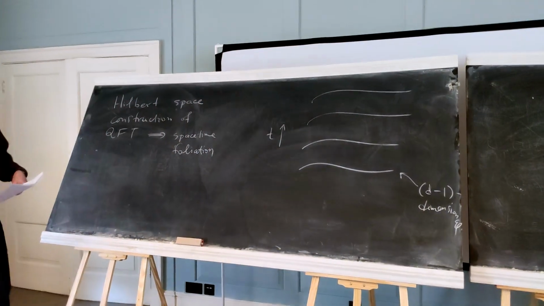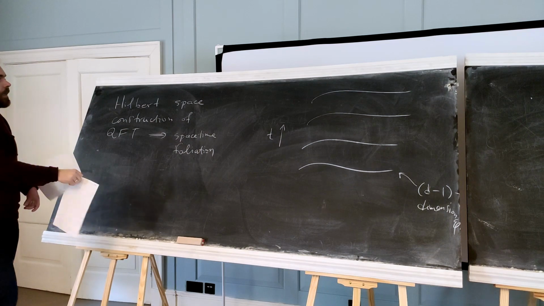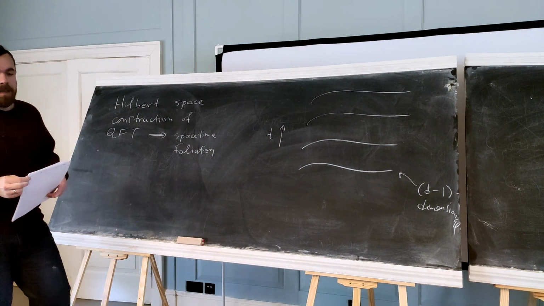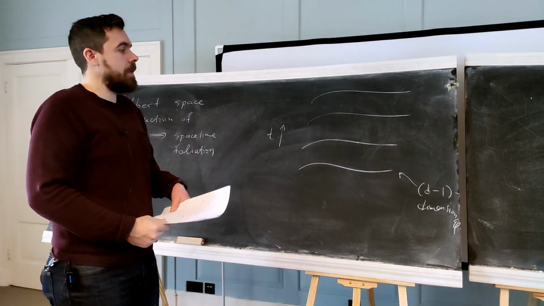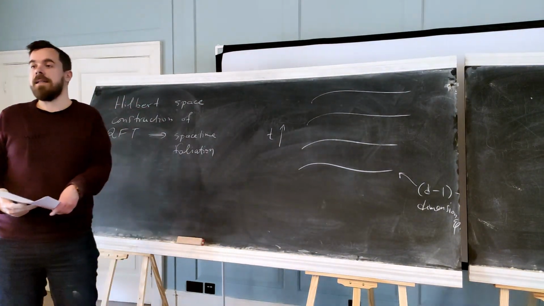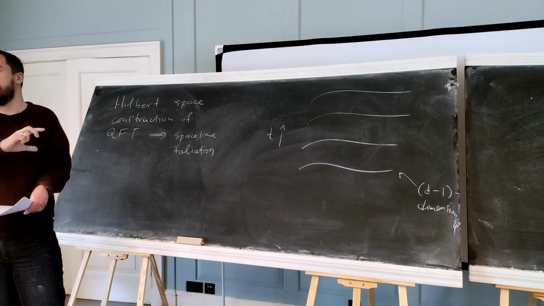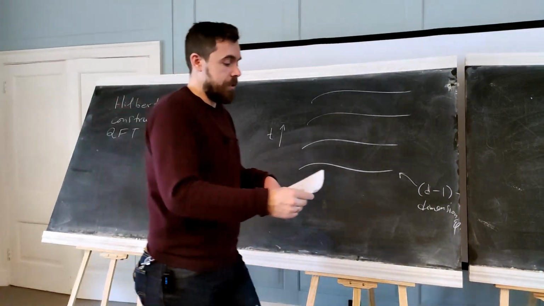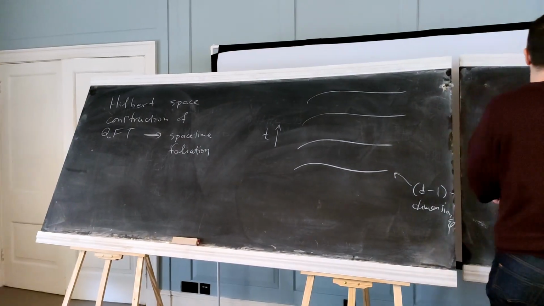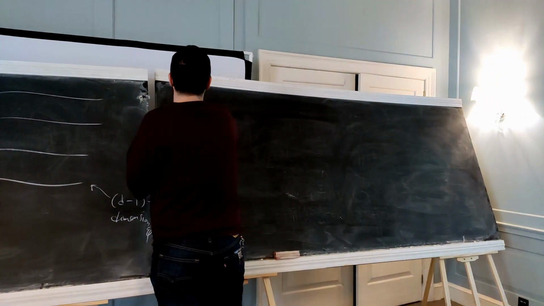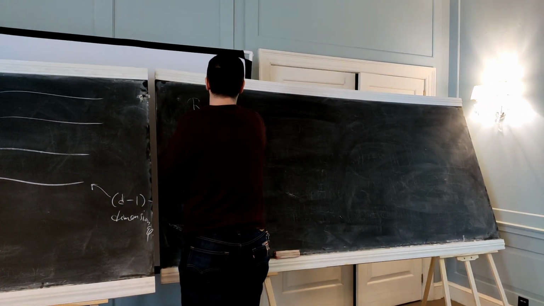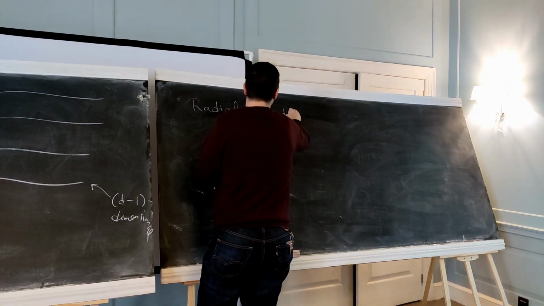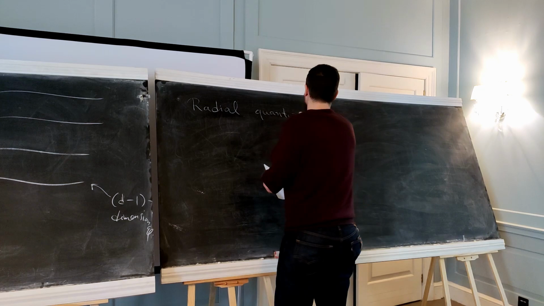Now, in CFTs, one could do this, but it turns out that there are some things we want to say that are much easier in a different foliation. And that different foliation gives rise to radial quantization.